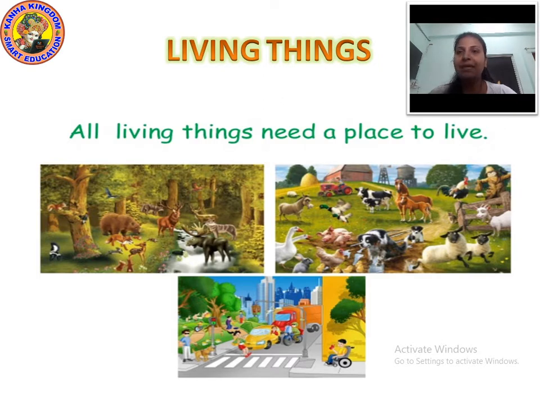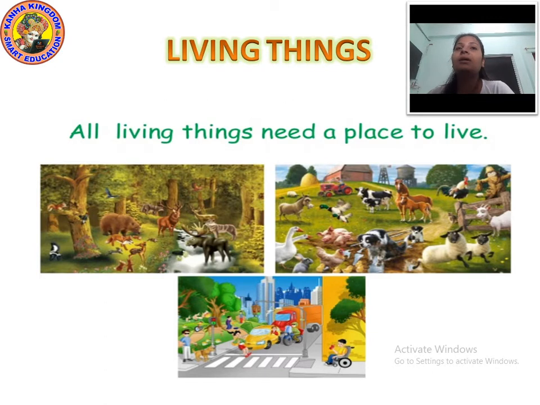Some pet animals are also there that live with humans in the house. Pet animals like dog and cat can live with us. But animals like elephant, tiger and lion all live in the jungle, because they are wild animals.